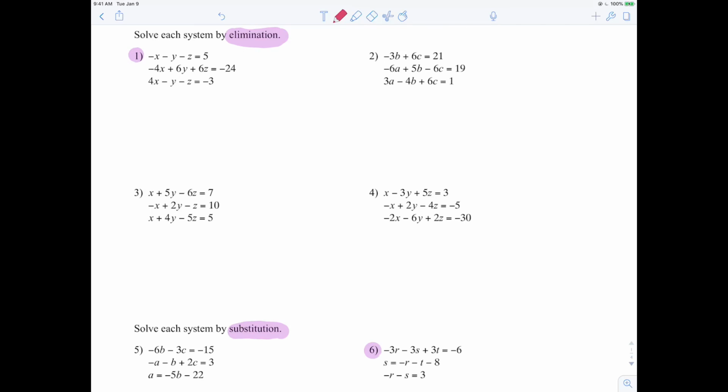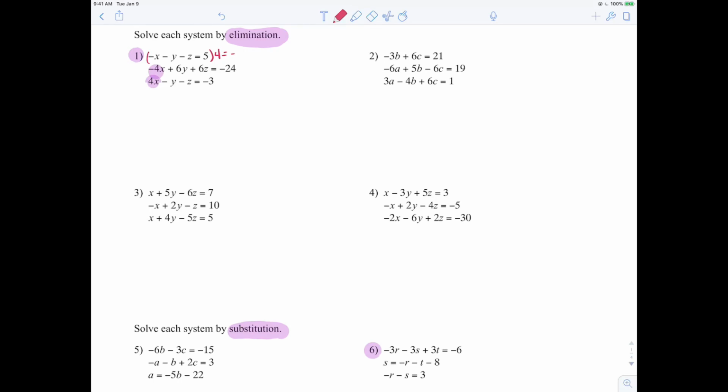So in number 1, something that I noticed was that because we're using elimination, I want opposite coefficients. Almost all of the x's are opposite with this negative and positive 4, but I thought it would be easy if that x was 4 as well, and these are all 1 as a coefficient, so it would be easy to multiply all of these by 4.